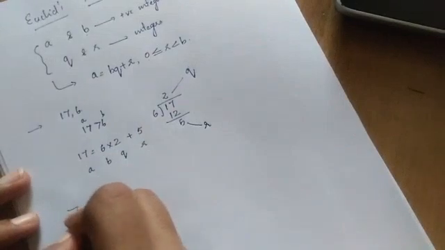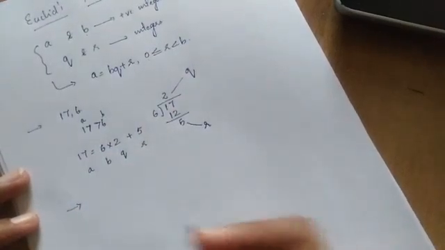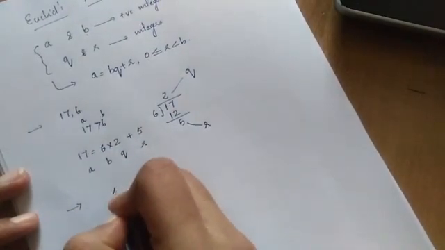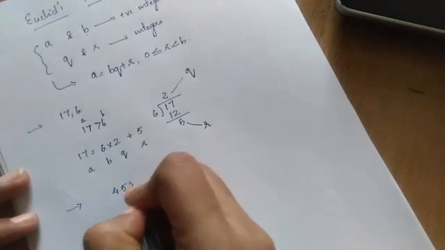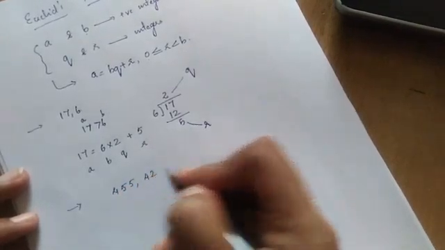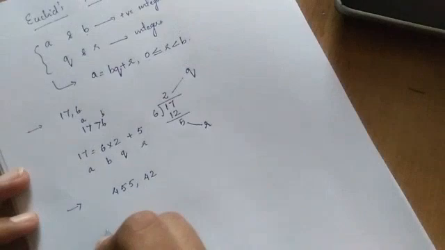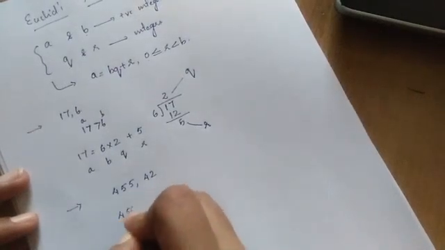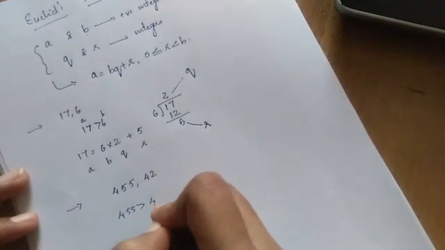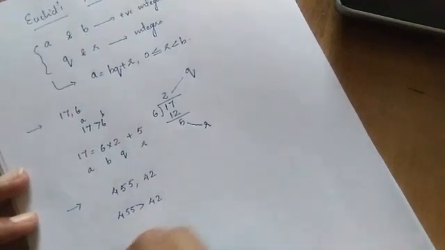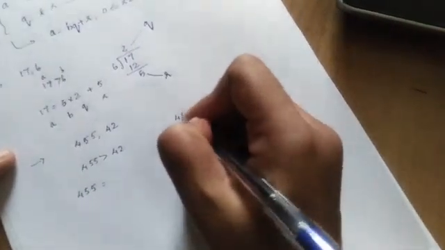Let's go to another example. 455 and 42. 455 is greater than 42, so we have to express 455 in terms of 42. 455 divided by 42.